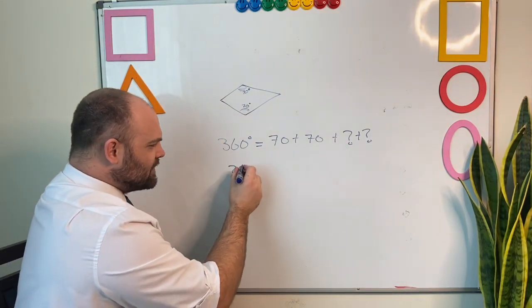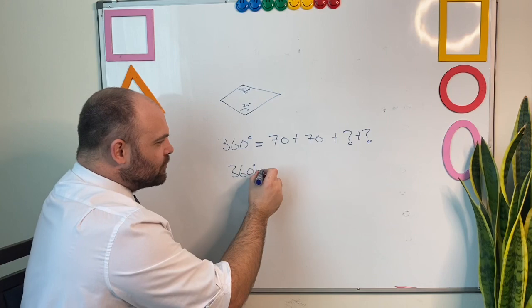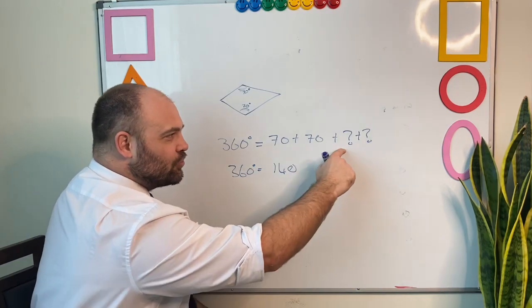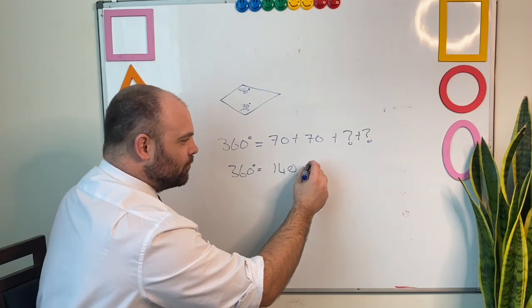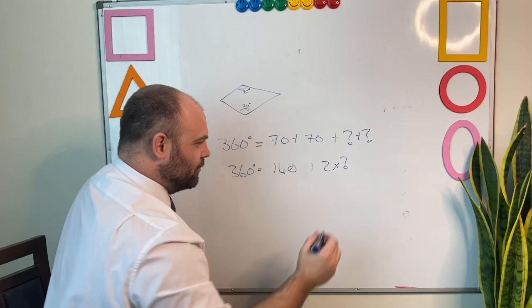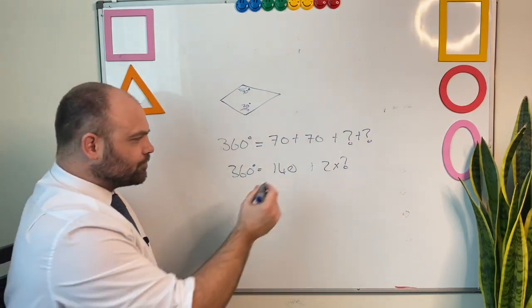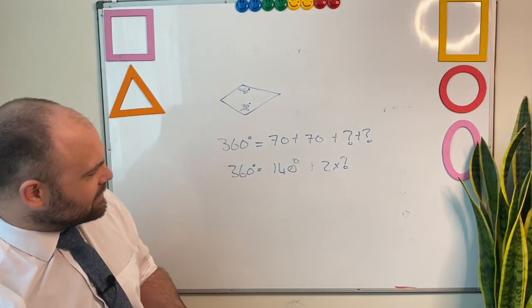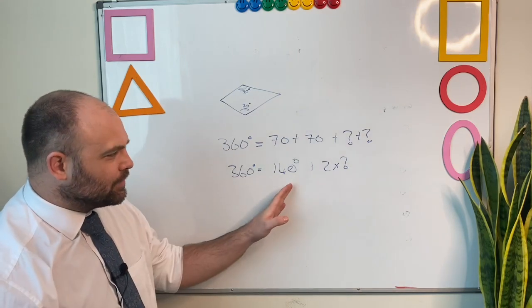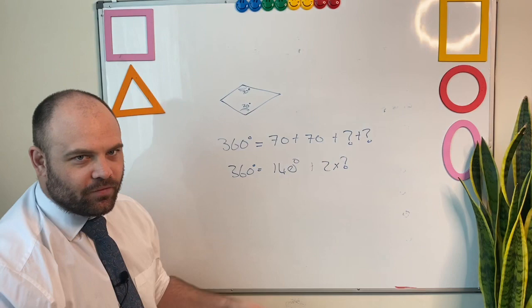So 360 is equal to 70 plus 70, which is 140, plus 2 times the missing angle. Now I get in a bit of a tricky position. I know that 360 is equal to 140 plus 2 of whatever I'm missing.